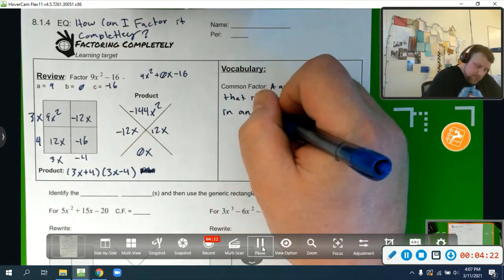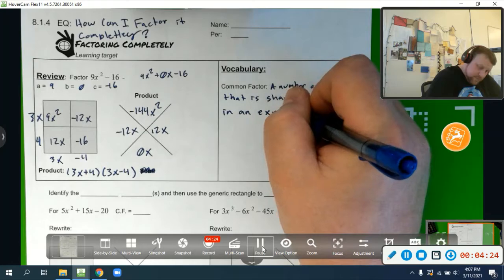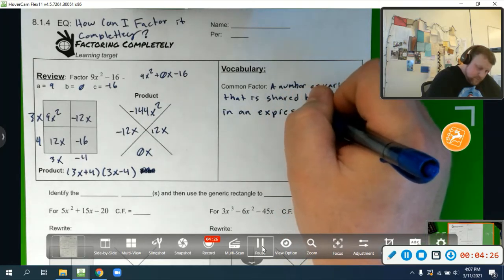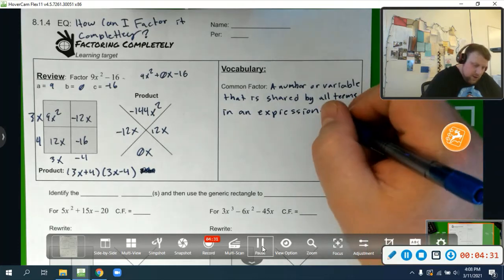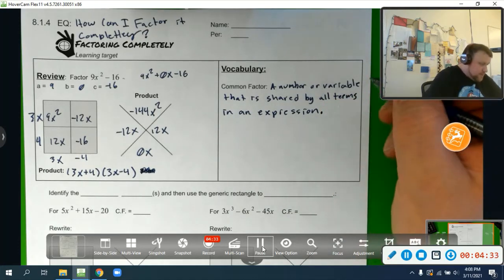So a number or variable that is shared by all terms in an expression.